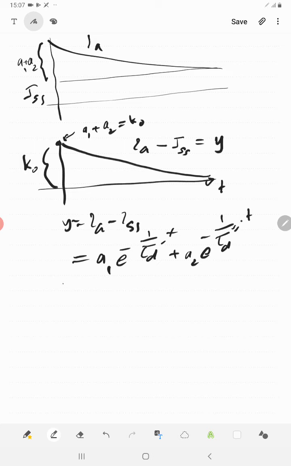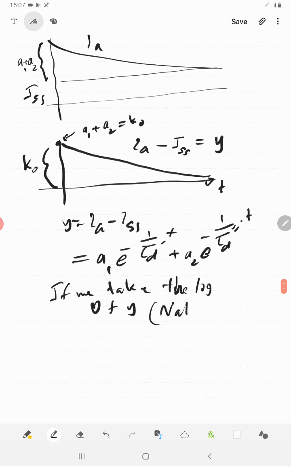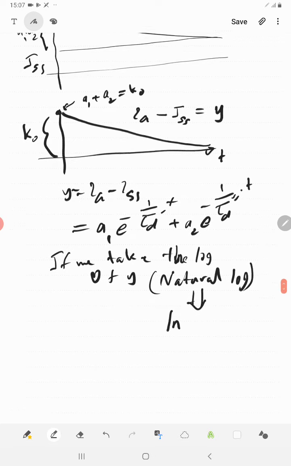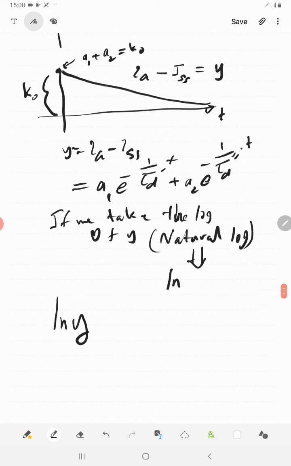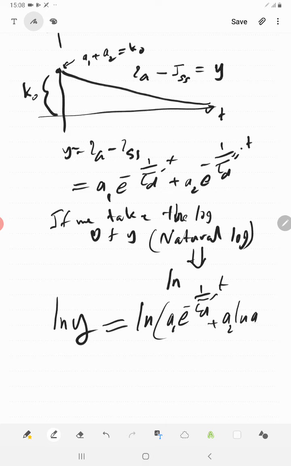Now, if we take the log of y, when we say log, we mean natural log, which is ln. Then ln y is equal to ln of A1 e to the minus 1 over tau d transient t plus A2 e to the minus 1 over tau d subtransient t.